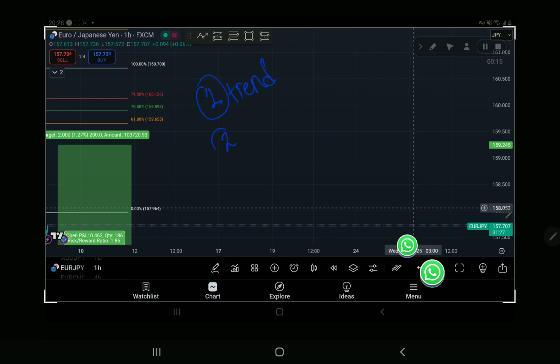Number two, you define where you are in the market, whether in a buy zone or a sell zone. I also touched on that.